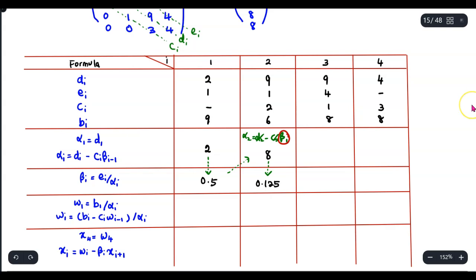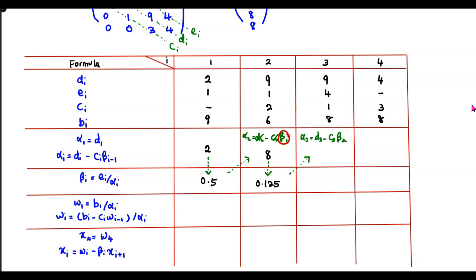With that value, only then can we proceed with the calculation of alpha 3, because alpha 3 is D3 minus C3 beta 2, which can be computed now, because we have all the values of D, C, and beta. So for this one, we are supposed to get 8.875.